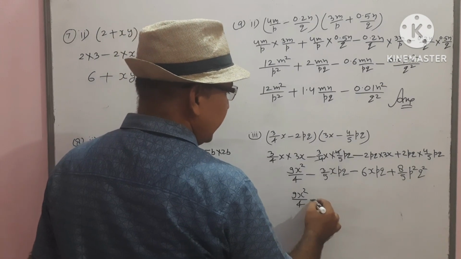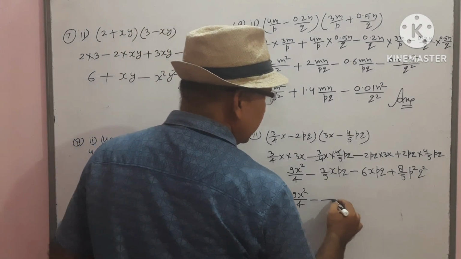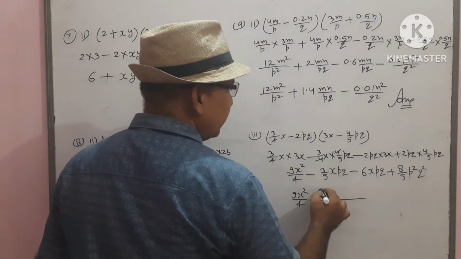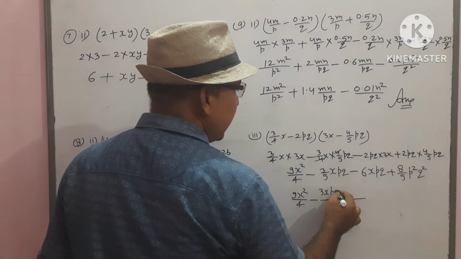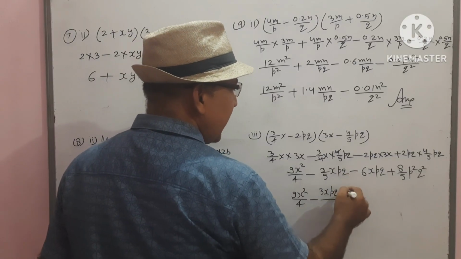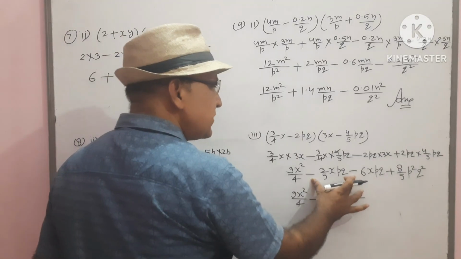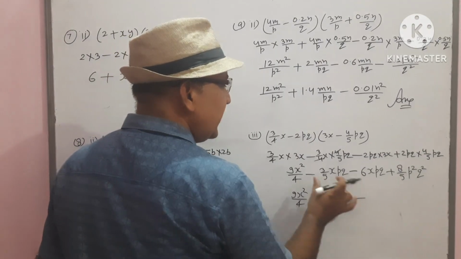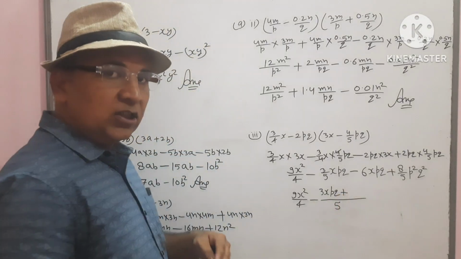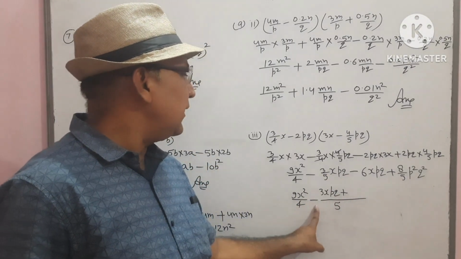If we solve it, minus is here. We have to take LCM 5. Then here we will get 3xpq, because of this minus will be changed into plus. Because both have the same sign, so numbers will be added. That is why I have put here plus. You can understand in this way that minus has been taken common here.